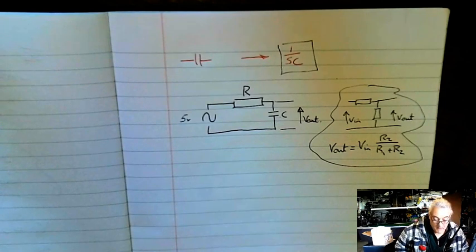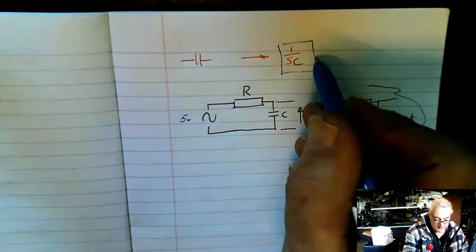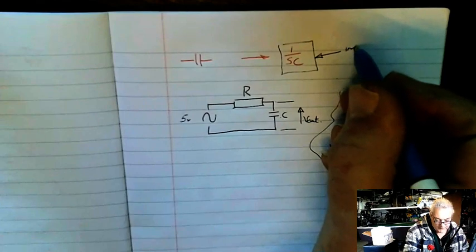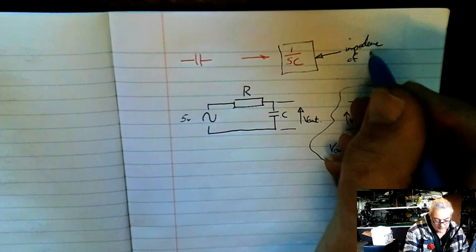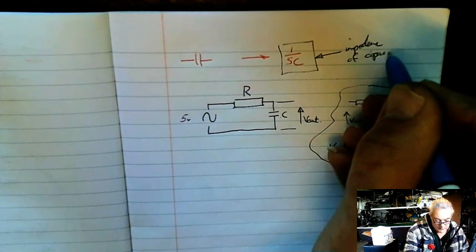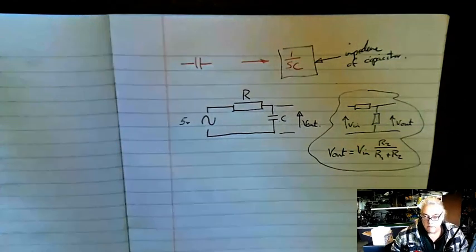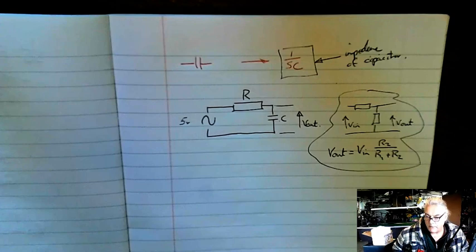Well, we can, because what I said to you earlier, and everything that this has been leading up to, is 1 upon SC is actually the impedance of the capacitor. It's a complex impedance, and it's been arrived at through taking the Laplace transform.